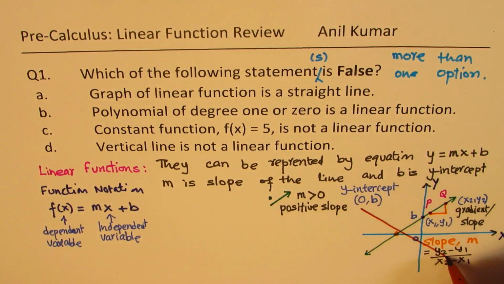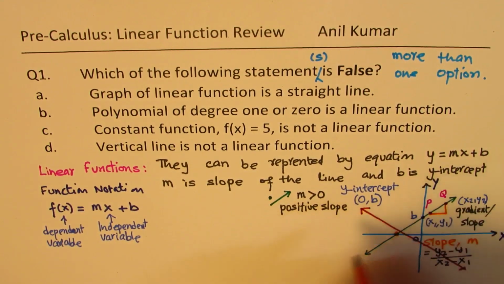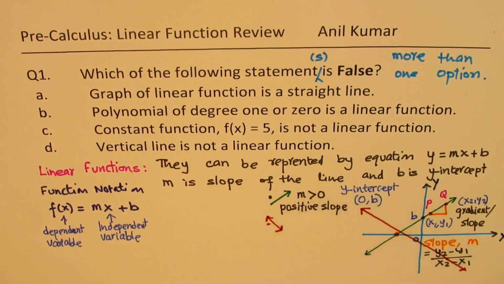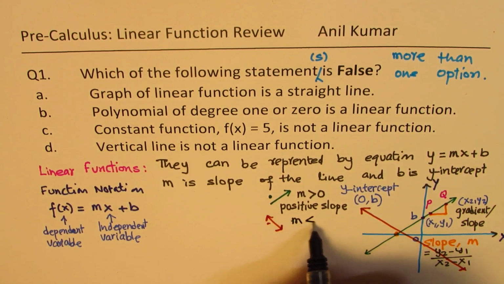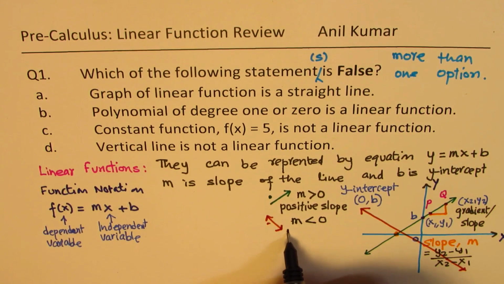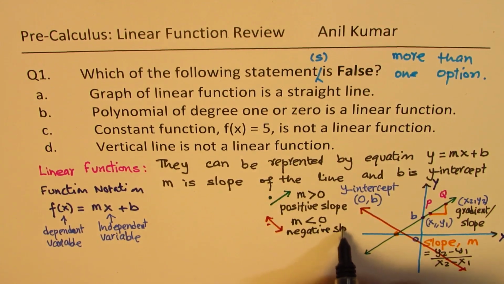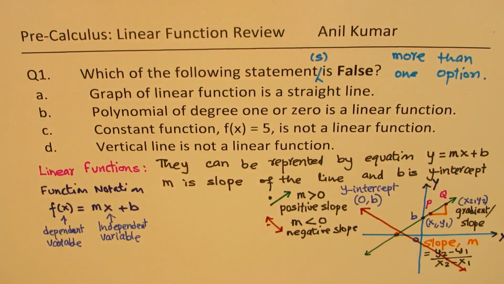If I have a line like this which is falling, with arrows on both sides of course, here the value of m is less than 0. It's a negative slope. Perfect. The line is kind of falling. So whenever you look at the graph, see from left to right.